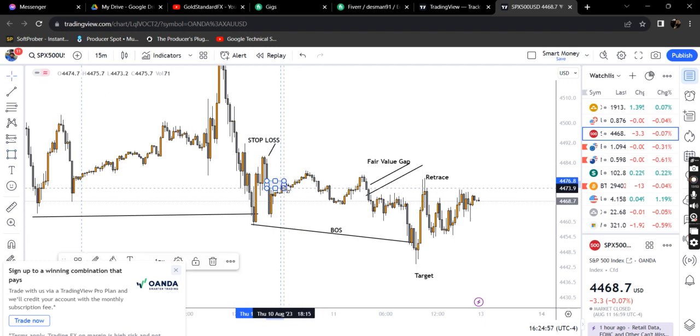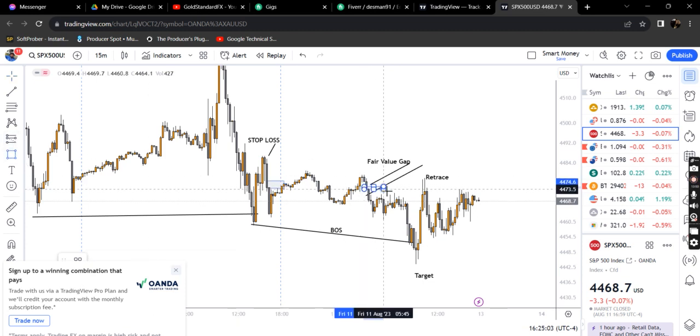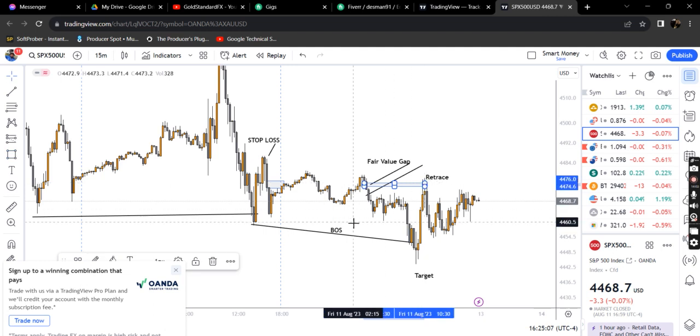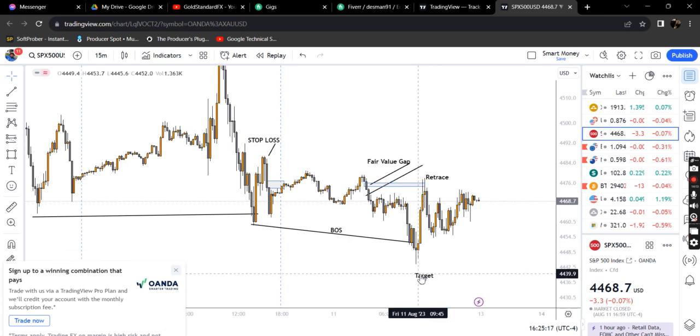Price went up, dropped, left us with nice fair value gaps in this case, so I caught a little piece of that as well. So we can see price just go down to this target area right here. If not, I'll be looking for a reversal as well on the S&P 500.